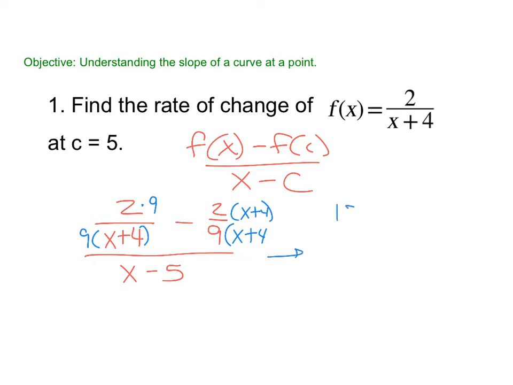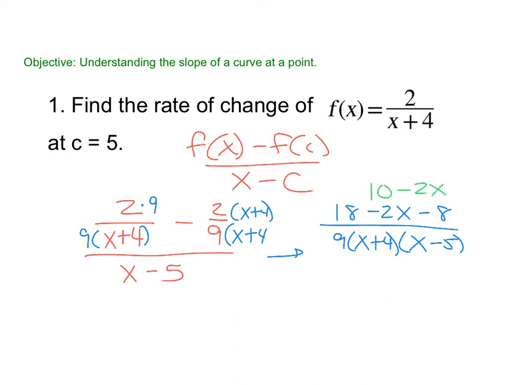So we get 18 minus 2x minus 8 all over 9 times x plus 4, and that x minus 5 goes into the denominator. If we simplify the top, we get 10 minus 2x, which factors.